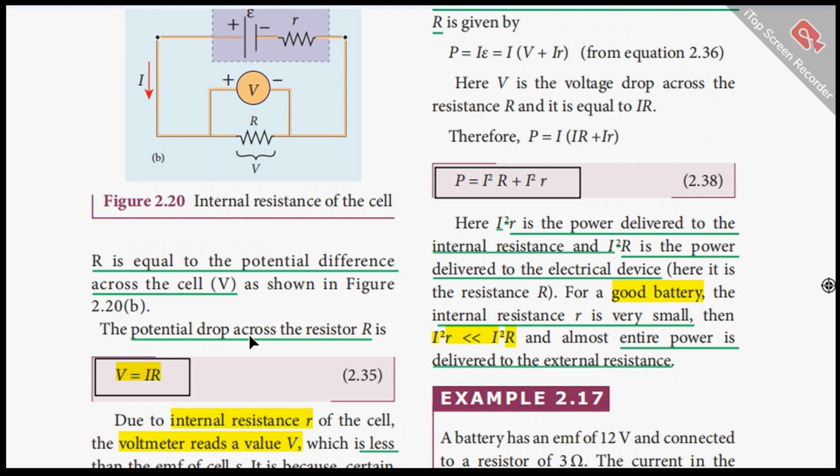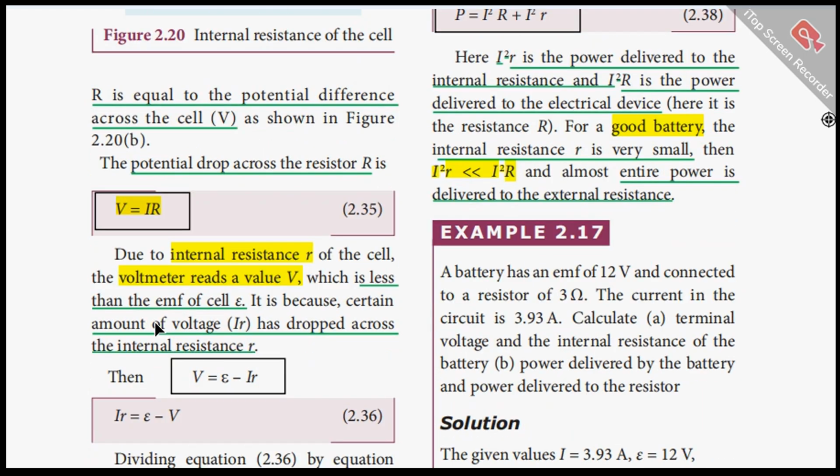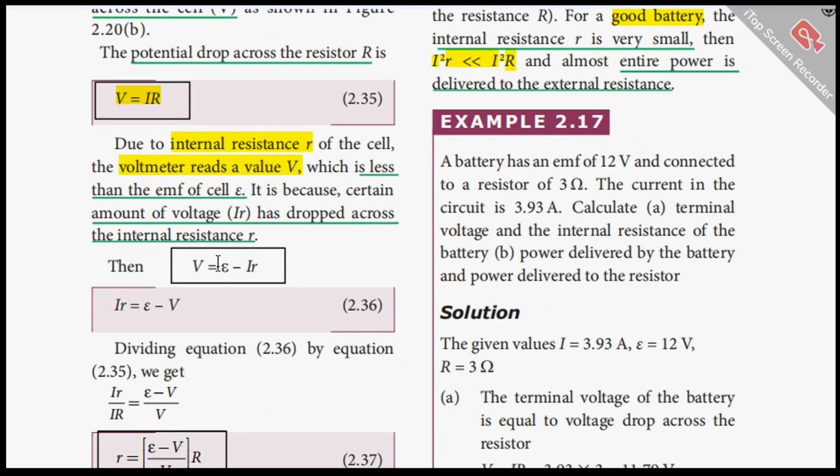The potential drop across the resistor R is given by V equals IR by Ohm's law. And due to internal resistance r of a cell, the voltmeter reads a value V, which is less than the EMF of the cell, epsilon. It is because a certain amount of voltage, Ir, has dropped across the internal resistance r. Then V is given by epsilon minus Ir.